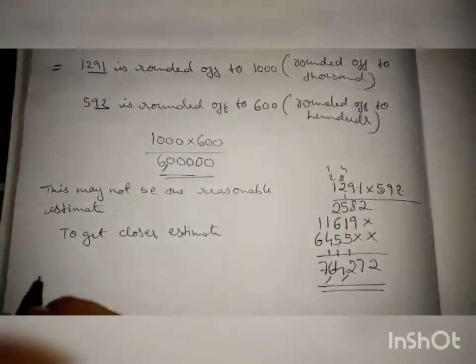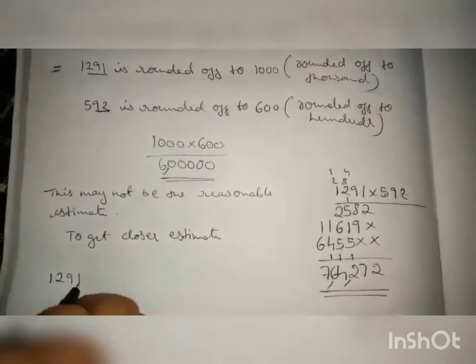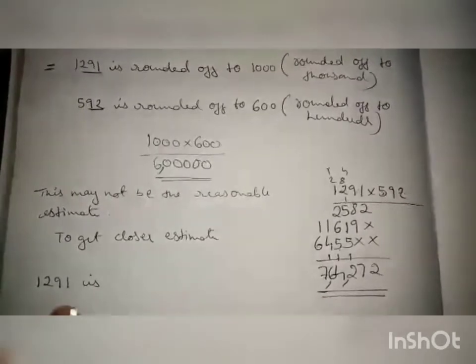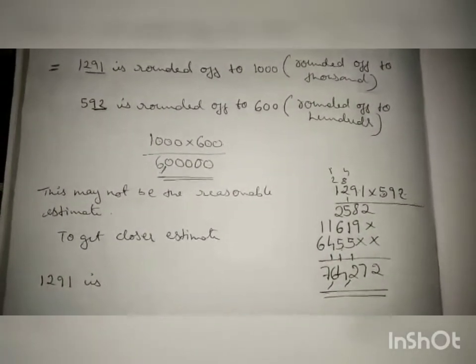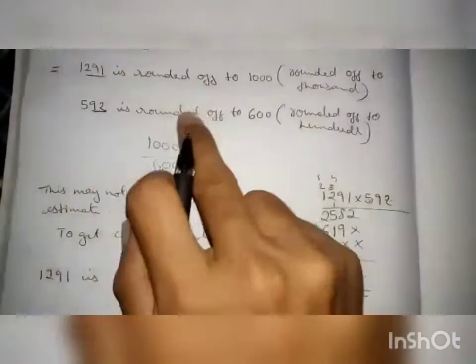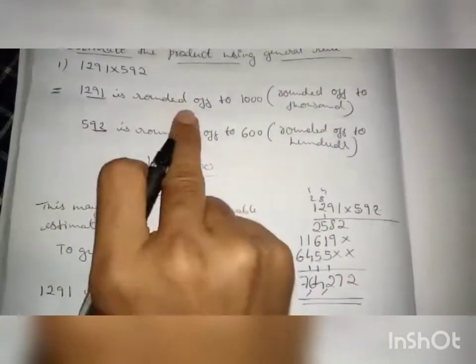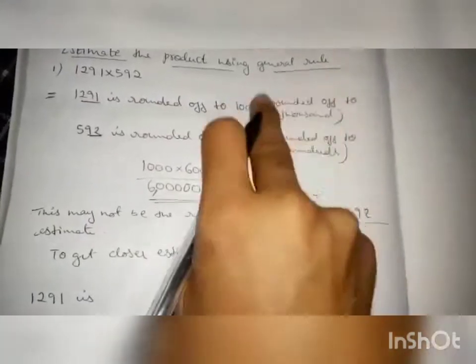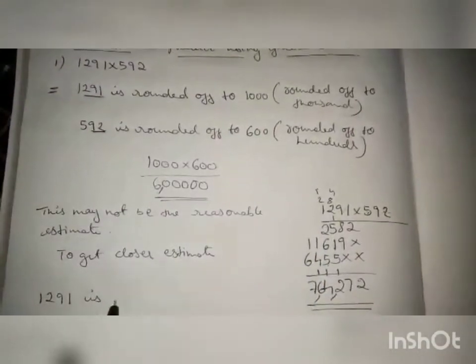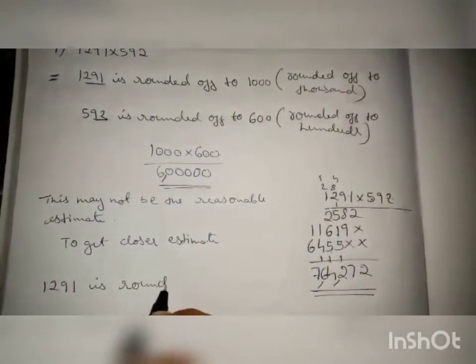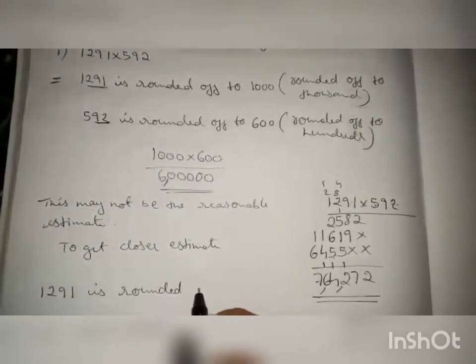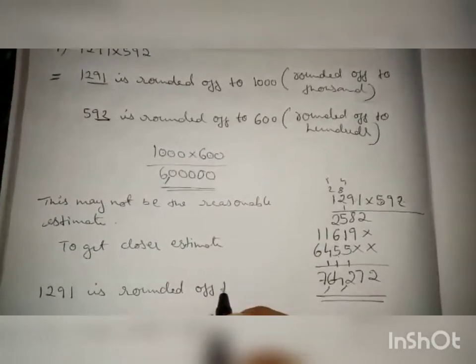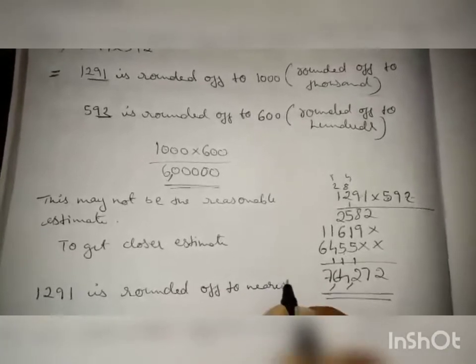For 1291, now we'll round off to hundreds. First we had rounded this off to thousands, so now we will round it off to the nearest 100.